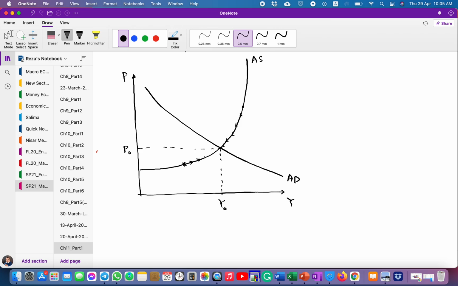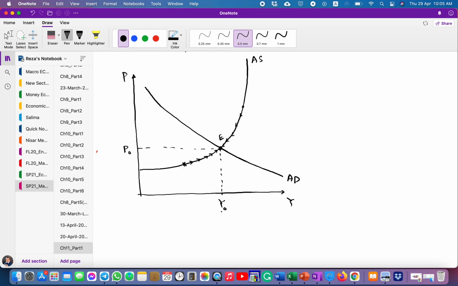So whether they undersupply or oversupply, they're going to come to this equilibrium point. So the short run level of output is going to be like this. With a slight increase in the price level, they can actually come to this level.